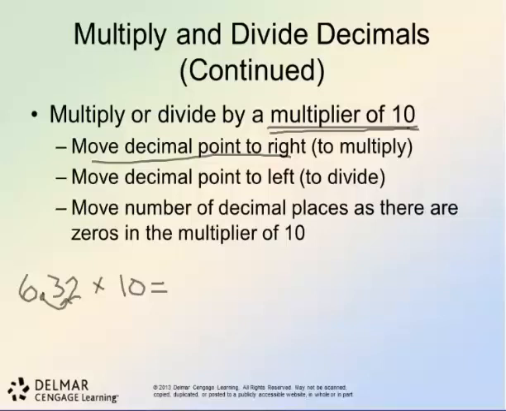So that's just 63.2. Which means if I had 6.32 and times it by 2 factors of 10, which is 100, the decimal point will go 2 places to the right, so that's 632.